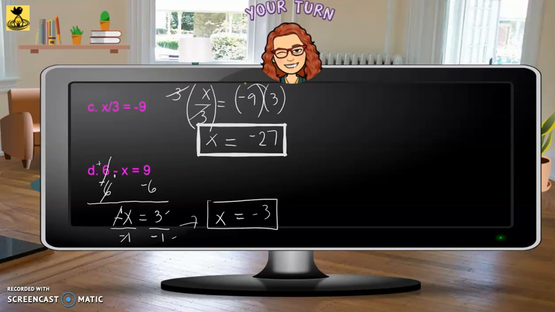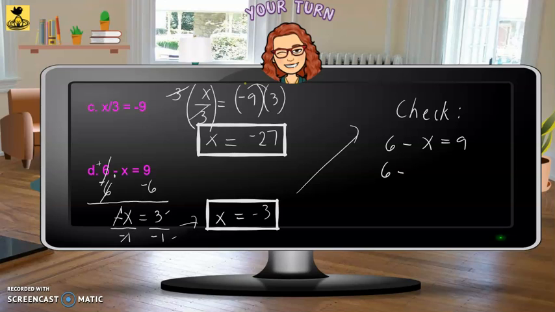Okay, let's do the checking this part. So check. So copy the original equation. 6 minus x equals 9. So 6 minus, what is the value of x? The value of x is negative 3. So put it in parentheses, negative 3, equals 9.